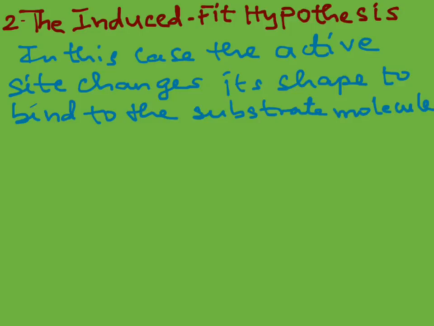Therefore, at the beginning of this reaction, the substrate cannot conveniently fit in the active site of the enzyme because they have different shapes. Therefore, for the reaction to occur, the active site must change its shape to fit, or to look similar to that of the substrate.